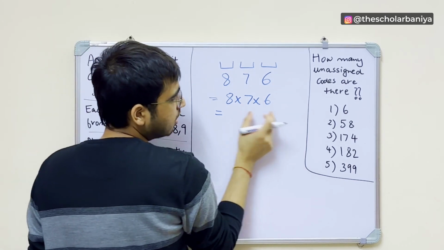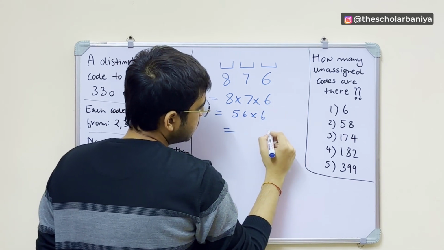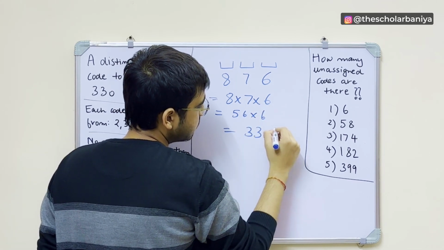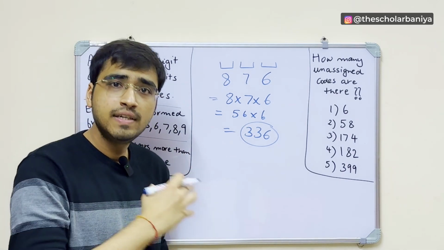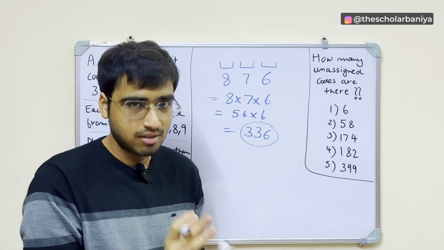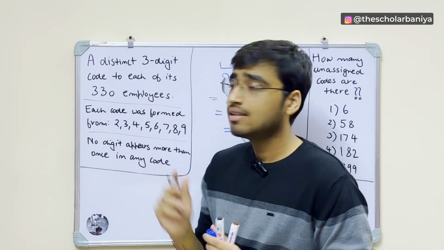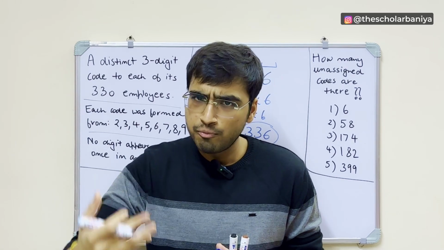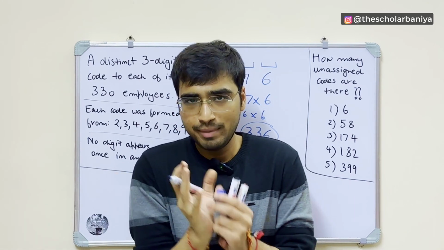If you calculate this, it is 56 into 6, which is 336. So there are a total of 336 different codes. And we know there are 330 employees, and obviously every employee will have a different code. That is how you make a distinction.